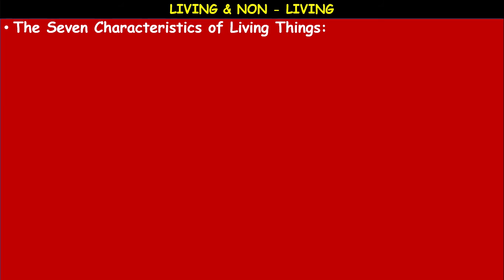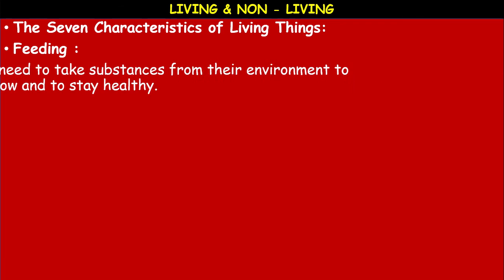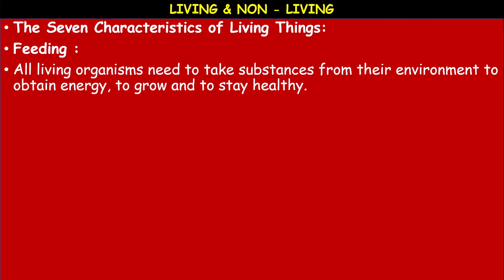Sauce. Now once again let us recall the 7 characteristics of living things. Feeding, eating. All living organisms need to take substances from their environment to obtain energy, to grow and to stay healthy.